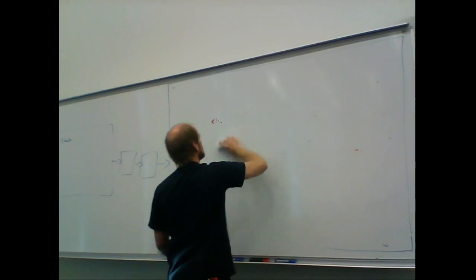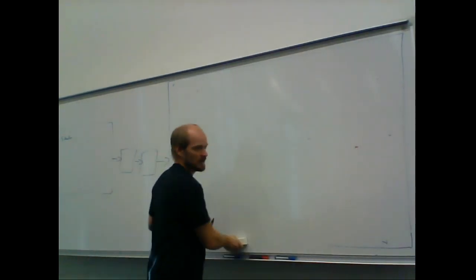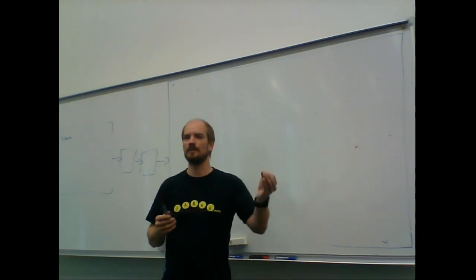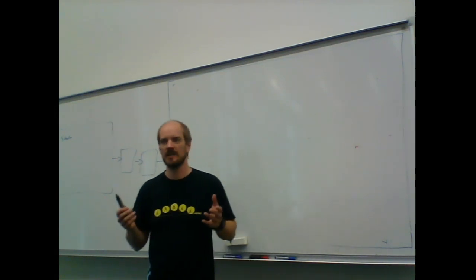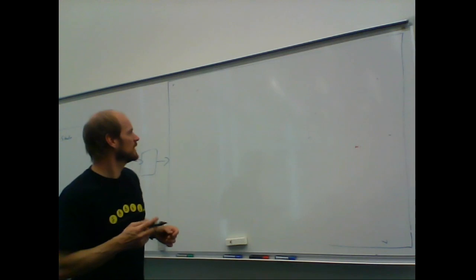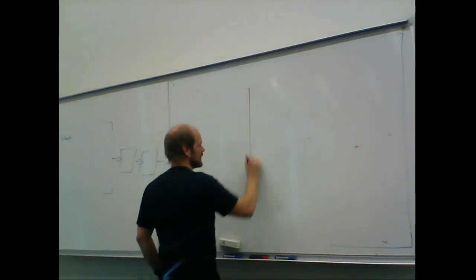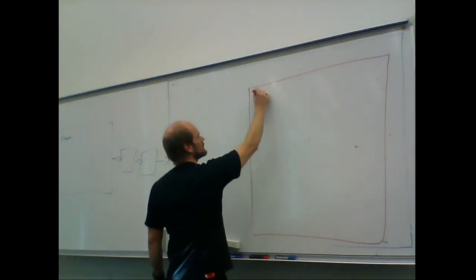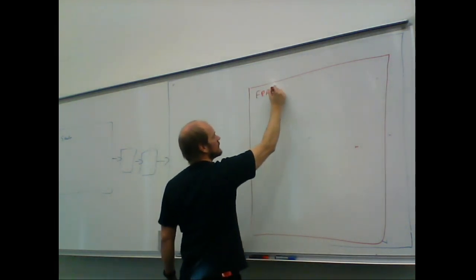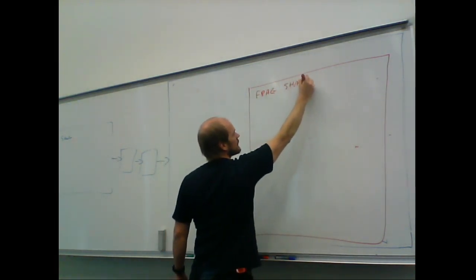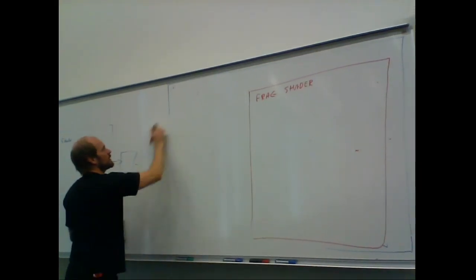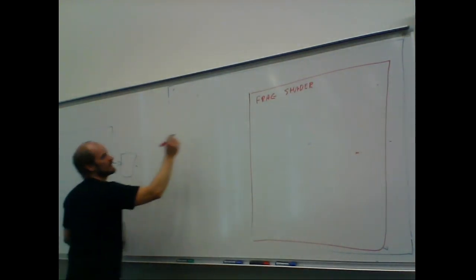We can even do things like take some distances or something and make those affect what the alpha value will be that OpenGL will then use for its blending. We can do all kinds of things. So if we have a fragment shader here, fragment shader, let me just draw Vertex Shader here as well.